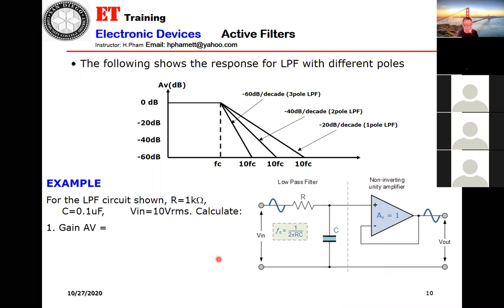Equal 1. You said equal 1, right? Yes, this is the follower amplifier. Perfect. They are using the follower to build a low pass filter, adding a resistor and capacitor here to make the low pass filter.